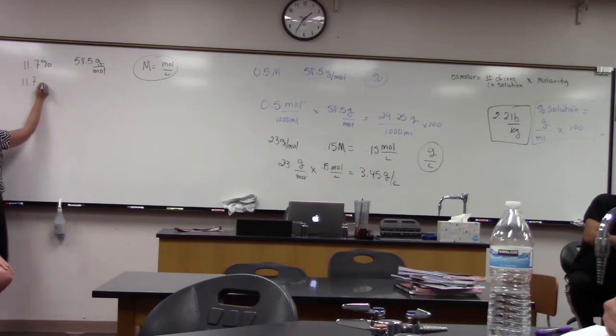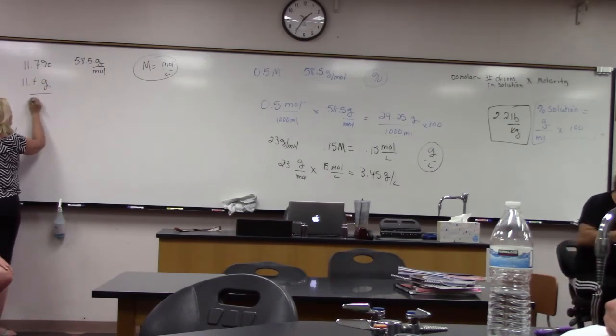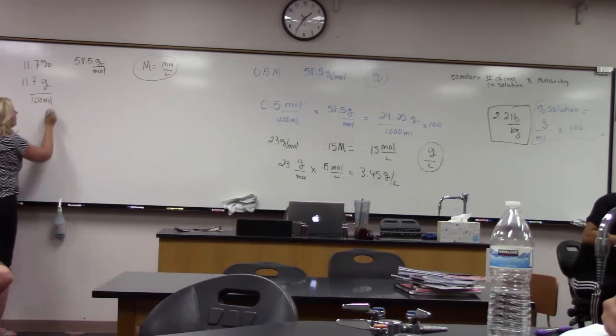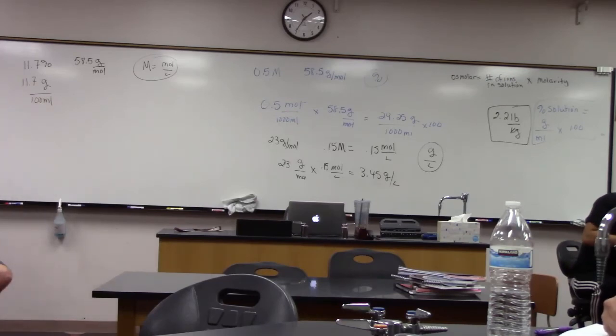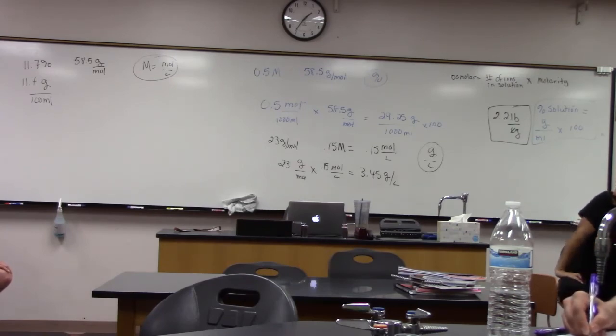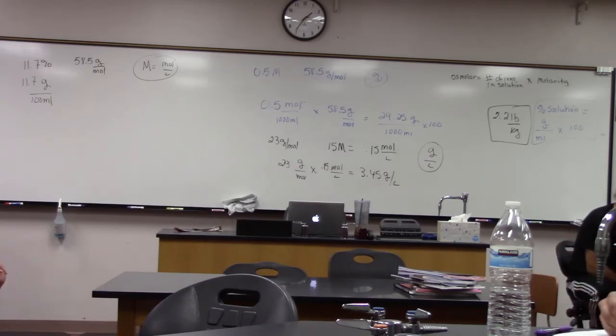11.7% is the same thing as 11.7 grams over 100 milliliters. So I have 11.7 grams in 100 milliliters, and I have 58.5 grams per mole. And I need moles per liter. What would you do next?